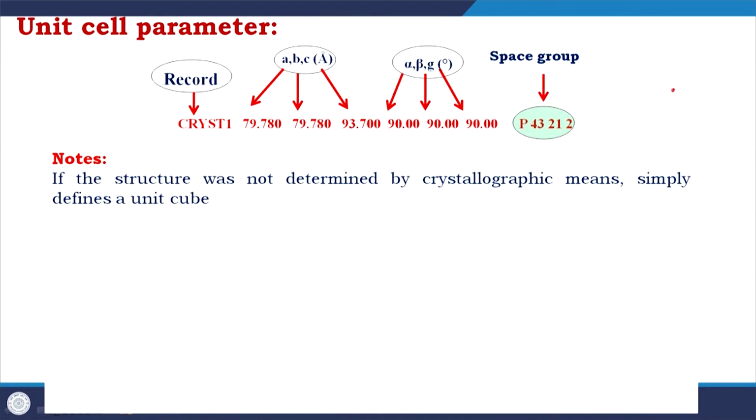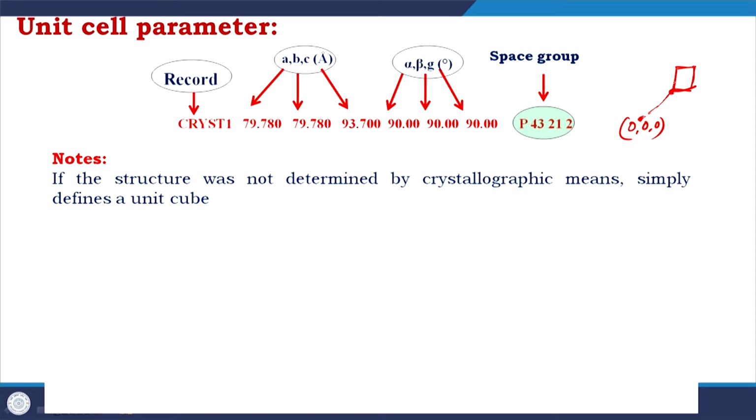With X-ray crystallography, you need these because you have to connect the closest point of the unit cell with the start of the coordinates, and that is why you need the CRYST, the ABC and alpha, beta, gamma, and you have to develop a matrix to do that.